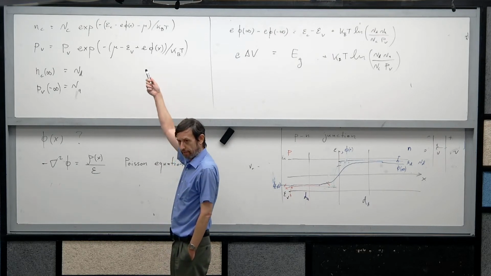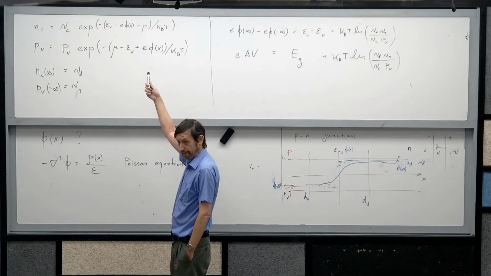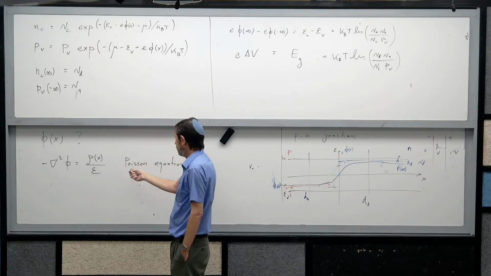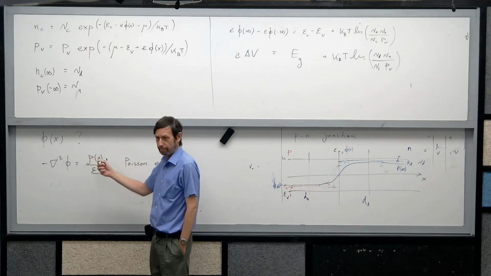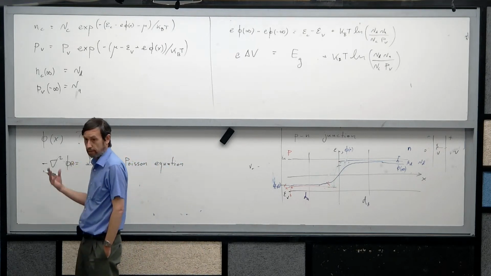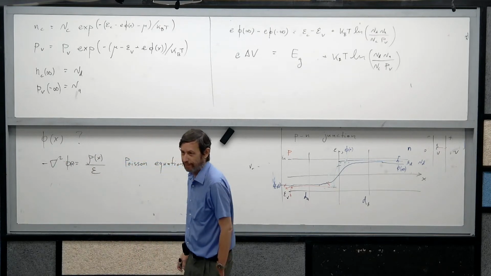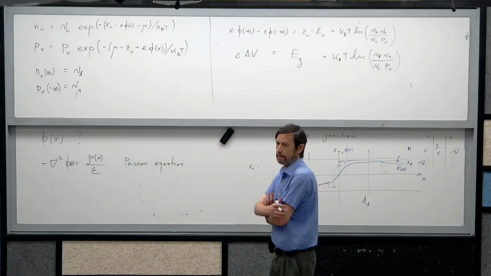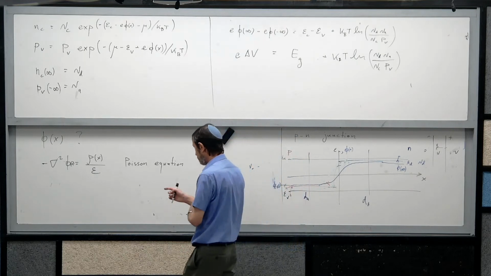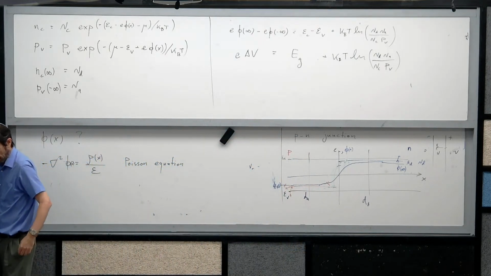Since I have the charges upward, in principle I should be able to calculate the Poisson equation and conclude what the electrostatic potential is here.